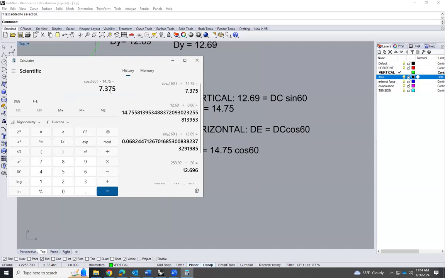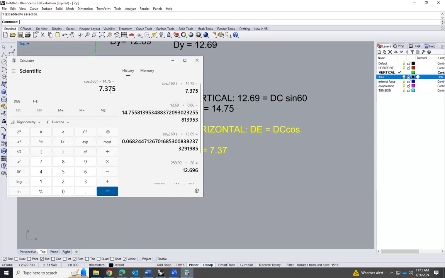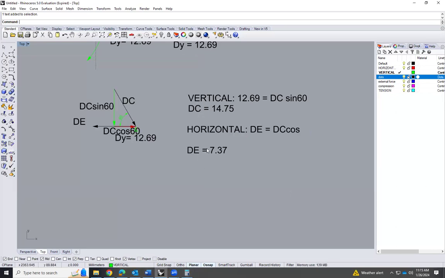This is 7.37. So DE is 7.37? Yeah, 7.37. So that's DE. Okay.